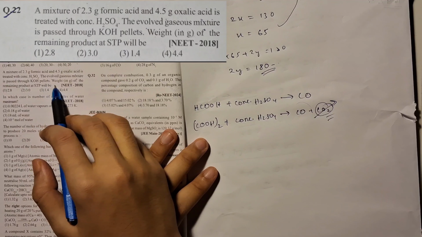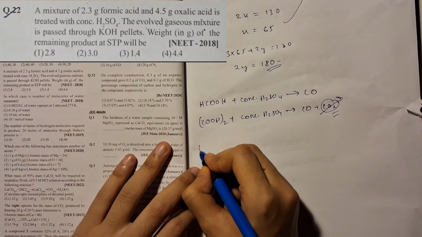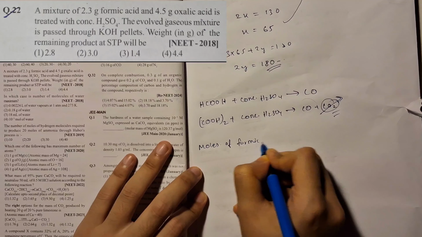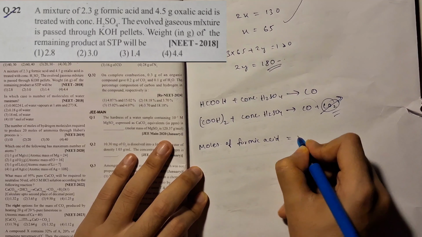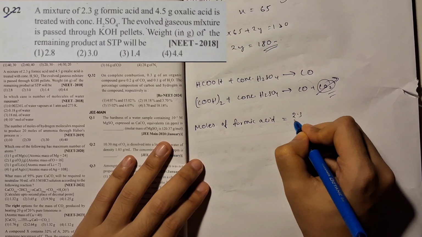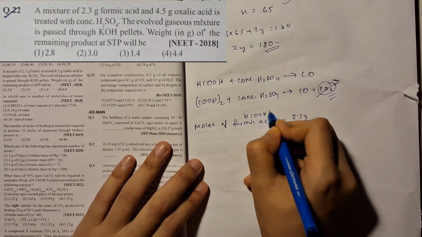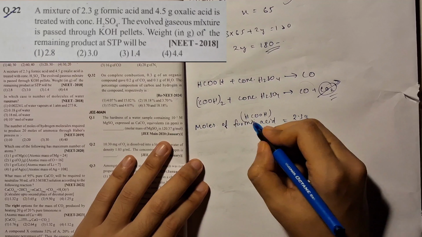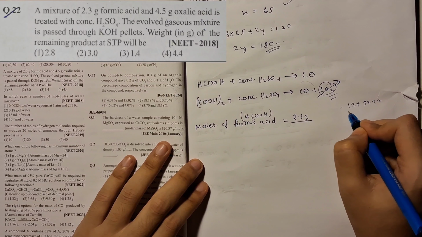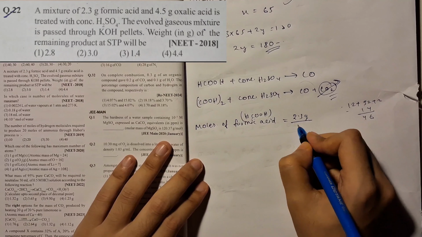So the weight in gram of the remaining product at STP will be: moles of formic acid equals 2.3 gram by the molar mass of formic acid, HCOOH. So that is 1 plus 12 plus 32 plus 1, which is 46.